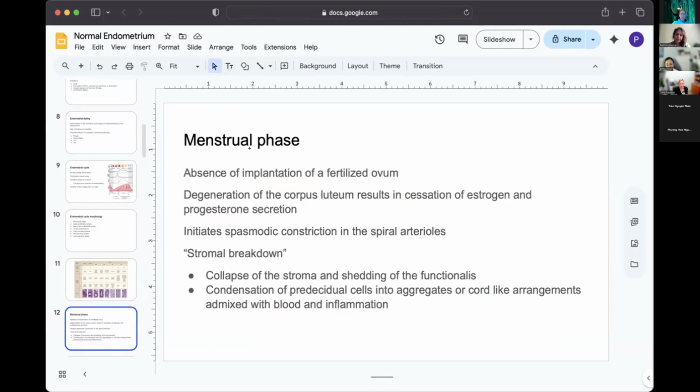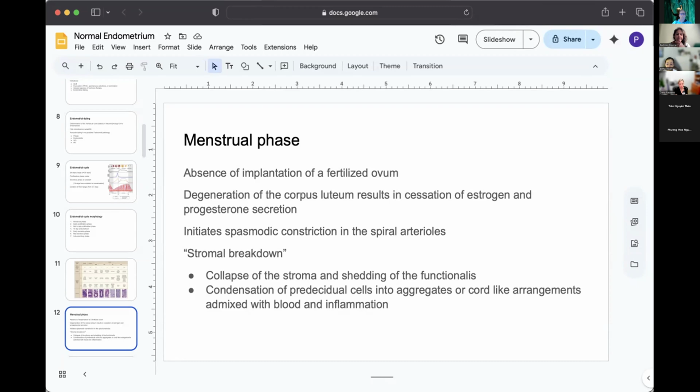So starting with day 1 menstrual phase, this is what happens when there's an absence of implantation. What is actually happening is the degeneration of that corpus luteum, which was built up by the hormones to prepare for implantation. And when that doesn't happen, you have complete degeneration of that corpus luteum due to the cessation of estrogen and progesterone.